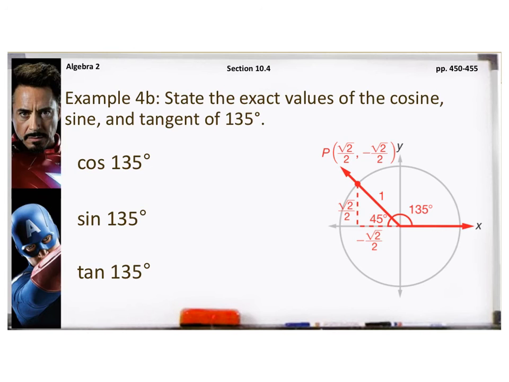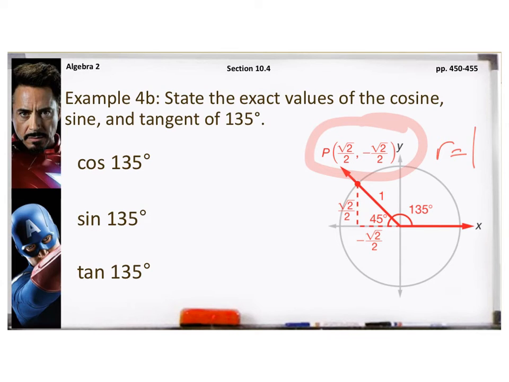Okay, state the exact values of the cosine, sine, and tangent of 135 degrees. They drew it all out here for you. So if this is the point on the unit circle, that tells me that r is 1, right?